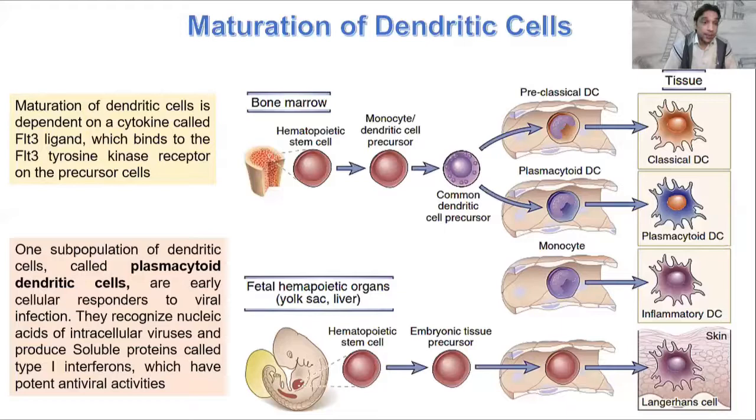Why am I sharing specifically about this? Because plasmacytoid dendritic cells are the earliest, the most early cellular responders to viral infections. Because nature has created the plasmacytoid dendritic cells in such a way that they can capture the nucleic acids.